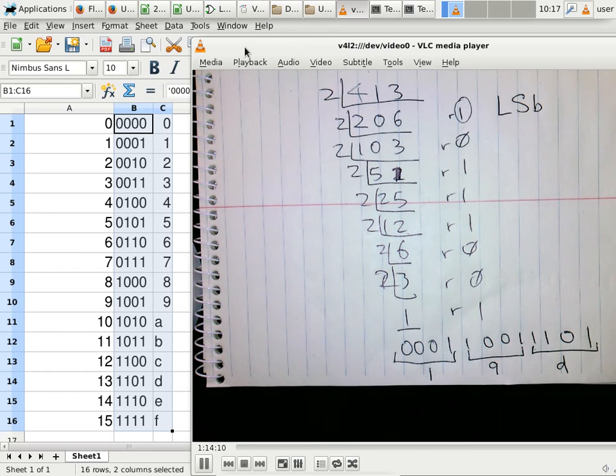When you divide 8 by 3, you have 2 and a remainder of 2. So that means we're not quite using 3 octal digits, octal meaning base 8, to represent 1 byte.